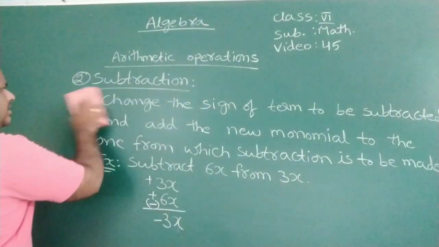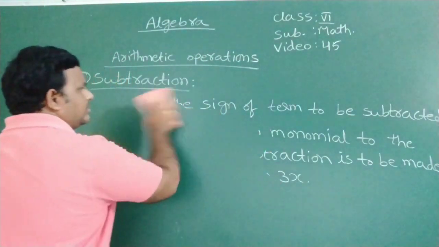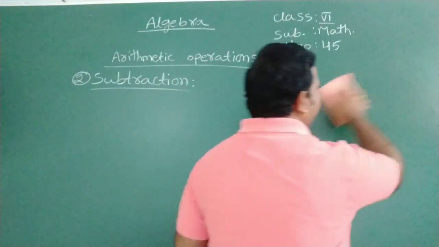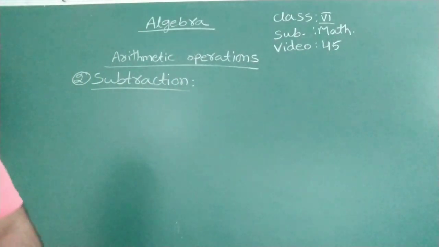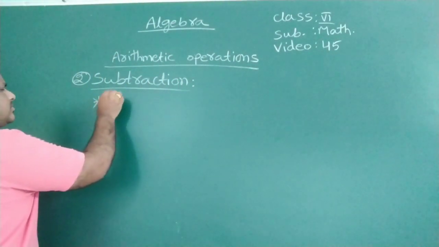Now, like addition, in subtraction also we have two methods. What are they? Vertical method and horizontal method. So let us see the second point in this.